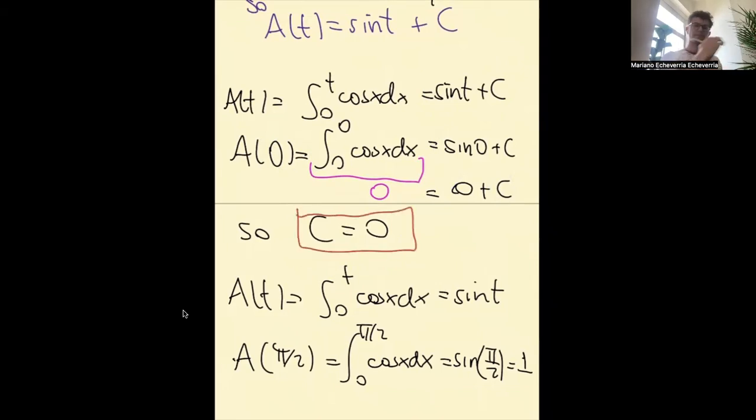Is that making sense? So that's what the value for this integral would be.